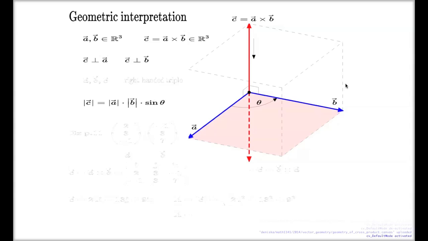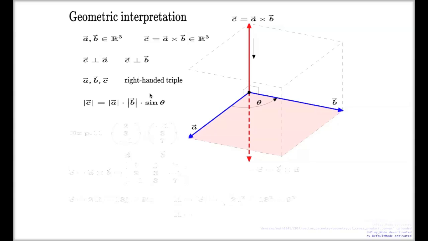The answer to this is given by this line. The vector of the cross product, together with the original two vectors A and B, the triple A, B, C, should form what is called the right-handed triple. There are different definitions of the right-handed triple. You can go to Wikipedia.